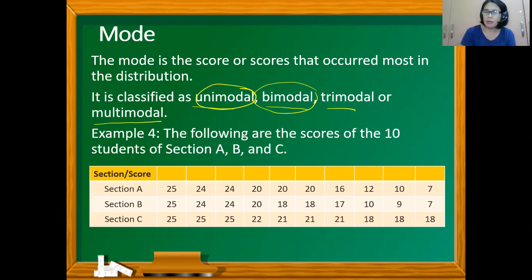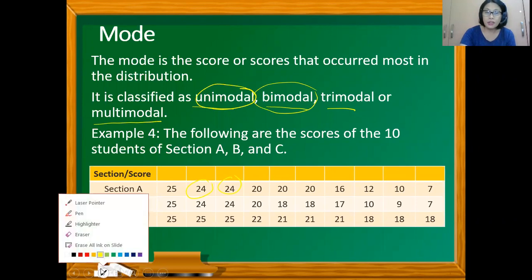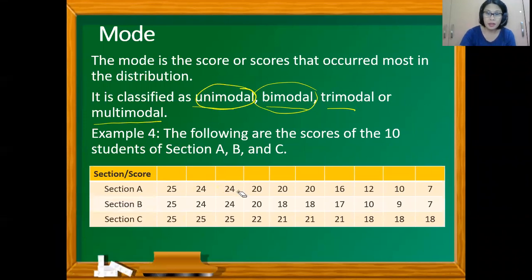Now, from the scores in section A, we have 24, 24, but there is this 20, which is the score of three students. So it has the higher frequency. There were three respondents from section A who garnered a score of 20.